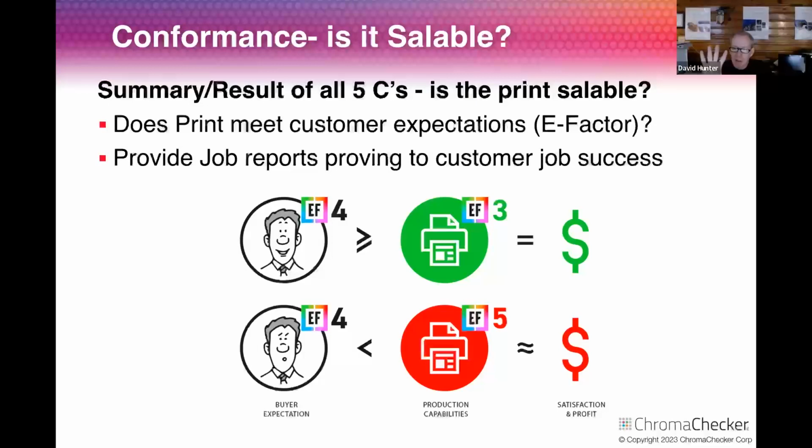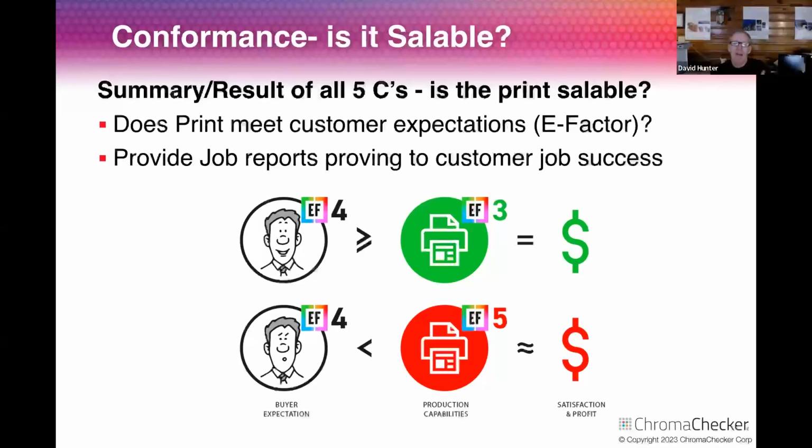If my expectation is a 4, and I have one printer matching Grackle to a 3 and another matching at a 5, I can guarantee the printer at a 3 will be acceptable to the person looking at the match, whereas the printer at a 5 probably will be unacceptable.